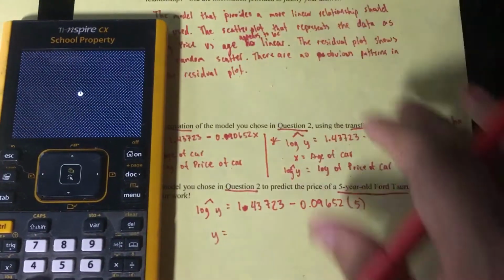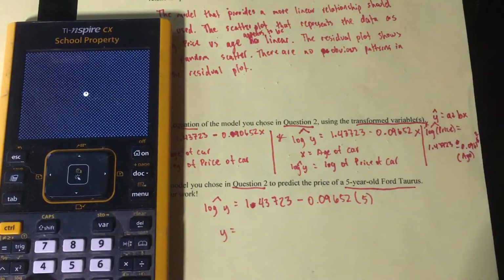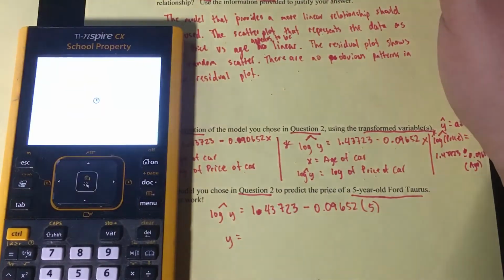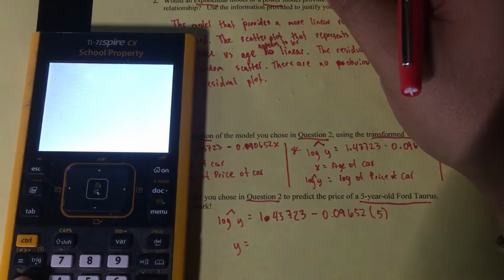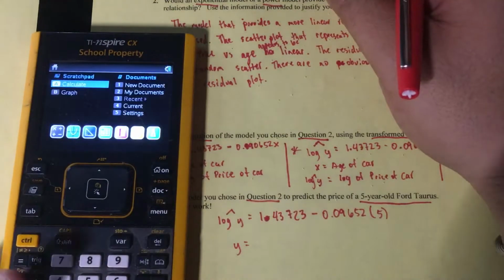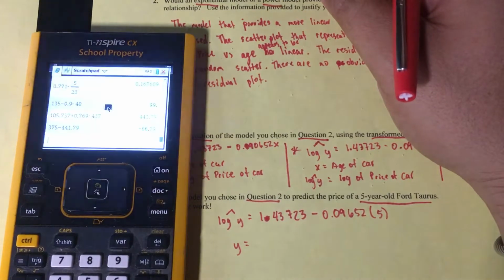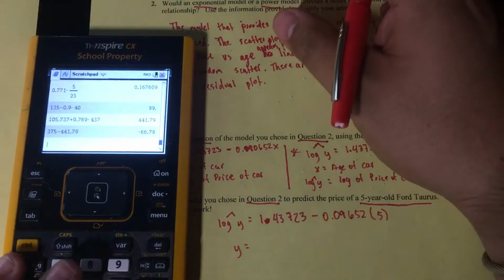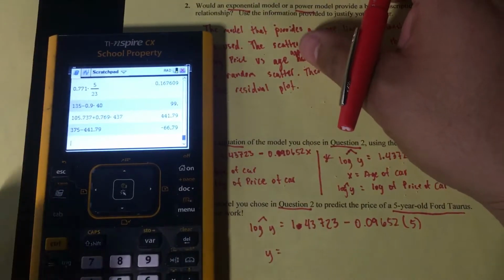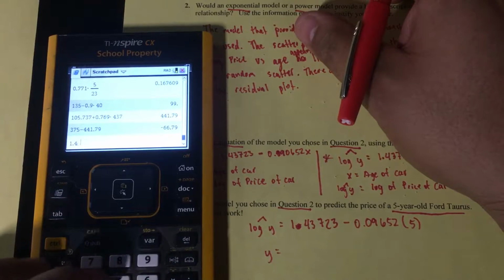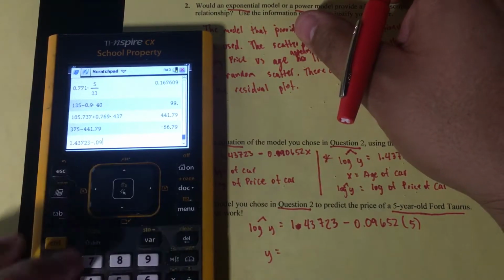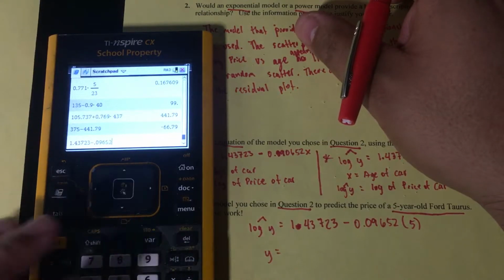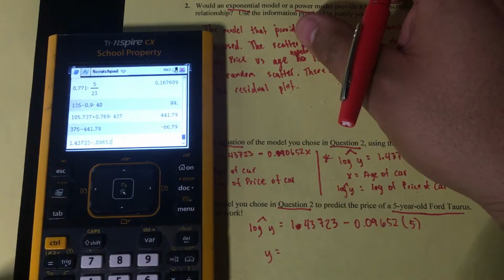We could also use our log rules. I still need the calculator for it, but it could. If I wanted to use the log rules, guys, I could. So I just put 1.43723 minus 0.09652 times 5.